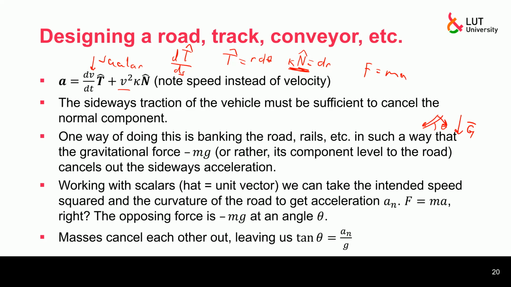Because these are unit vectors, when projecting it's just dot products. So this is what we need to cancel out, this speed squared times curvature, and we get the acceleration sideways.